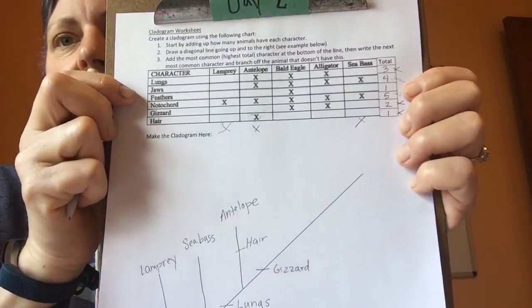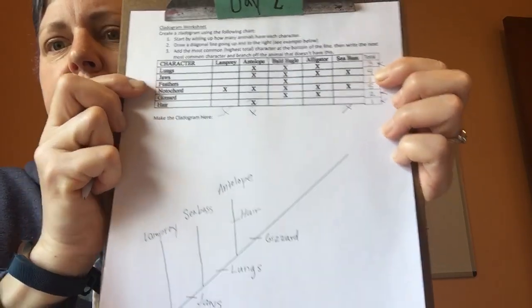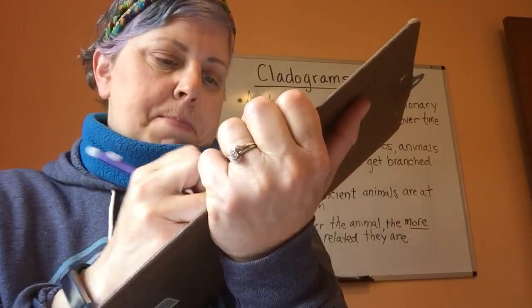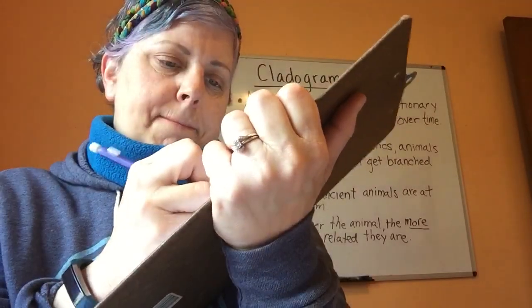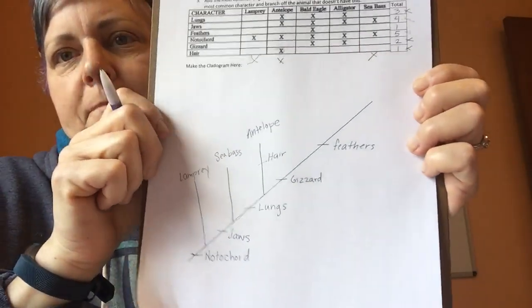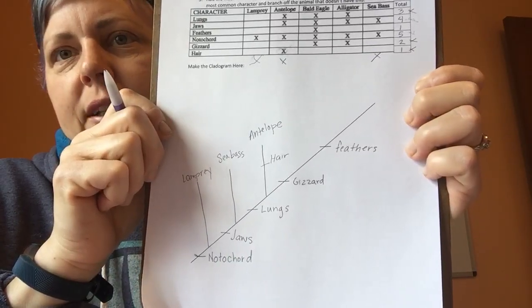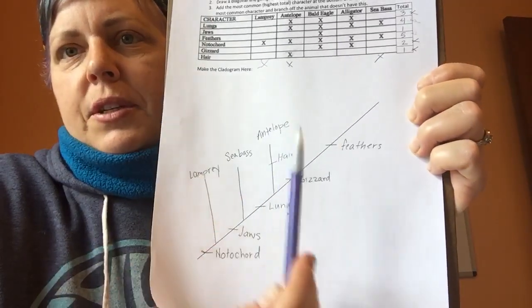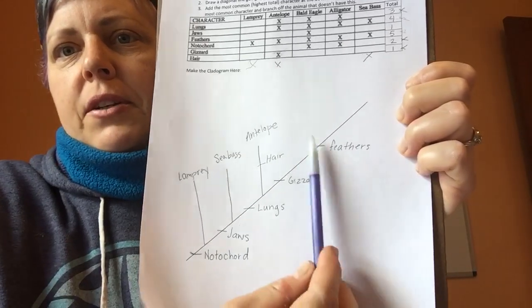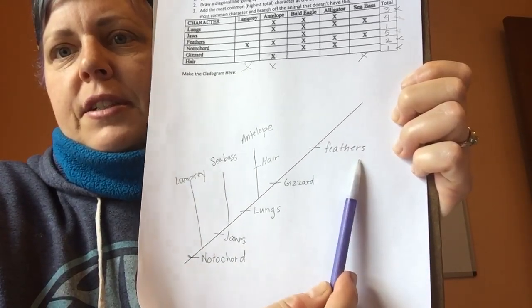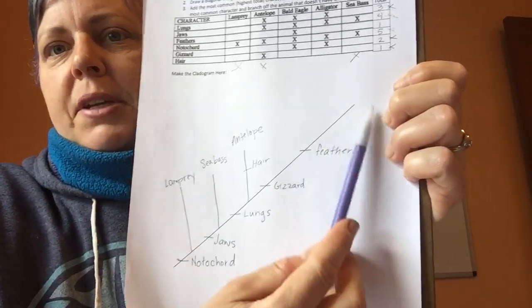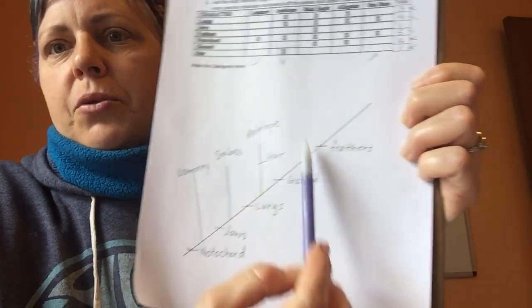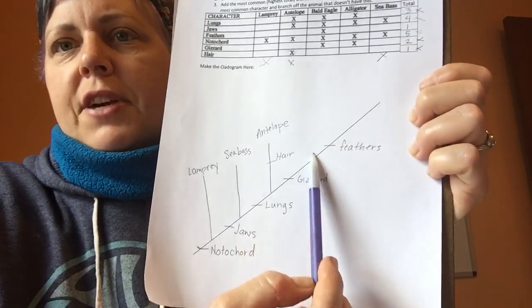So the last thing we have left on our list here is feathers. So if we write feathers up here, we have bald eagle and alligator left. So bald eagle has feathers. He has a gizzard, so he's going to be up here at the top. Who has to branch off between gizzard and feathers?